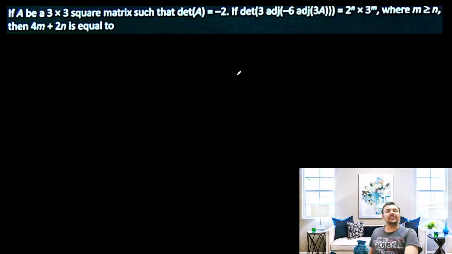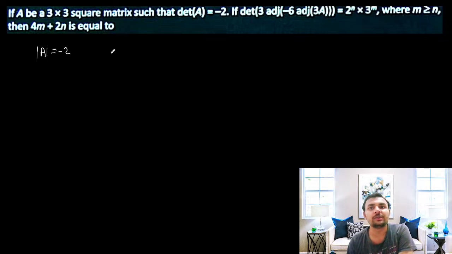If A is a 3 by 3 matrix and determinant of A is equal to minus 2, then find the determinant of 3 adjoint minus 6 adjoint 3A. Now what will happen?